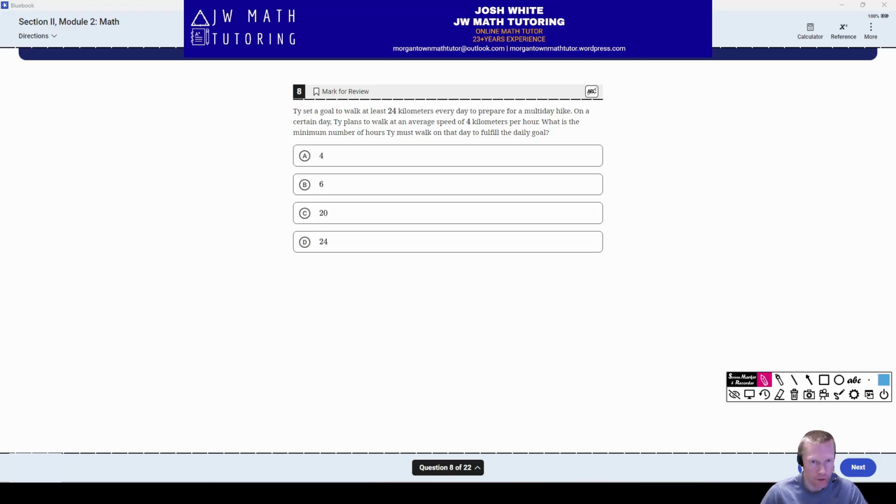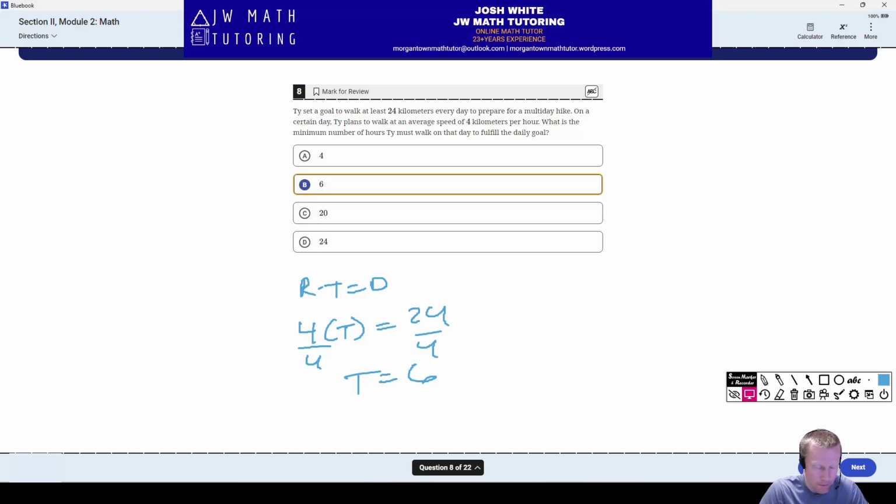One way to think about this is rate times time equals distance, right? The rate is 4, time we don't know, distance is 24. So you just plug those in, divide it, you get time equals 6 hours. So the correct answer here is letter B.